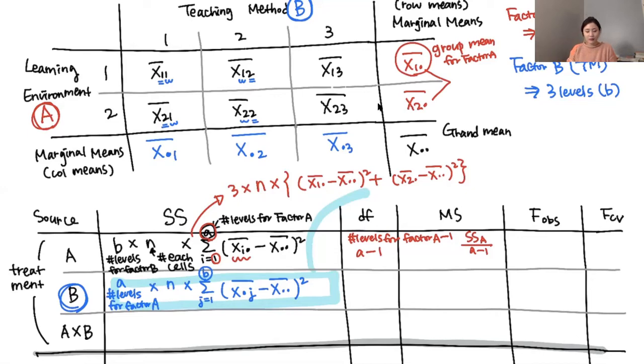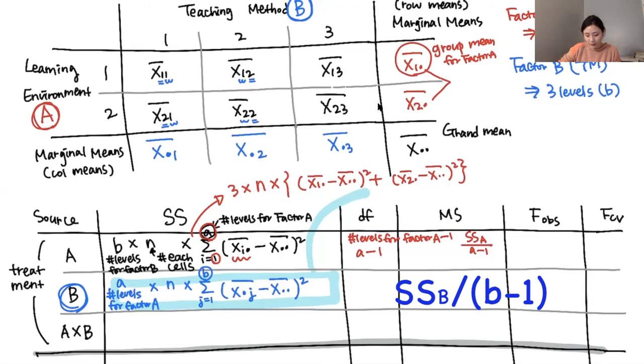This is how to calculate the sum of square for factor B. And degree of freedom is the number of levels for factor B minus 1, which is b minus 1. Here it is 2, because 3 minus 1 is 2.